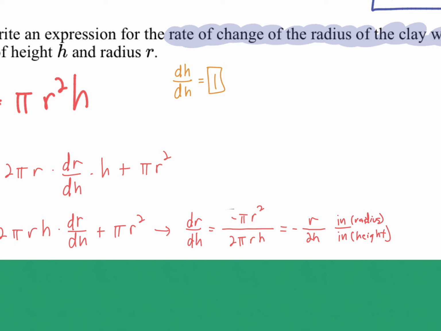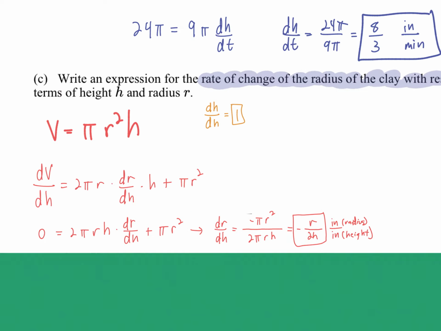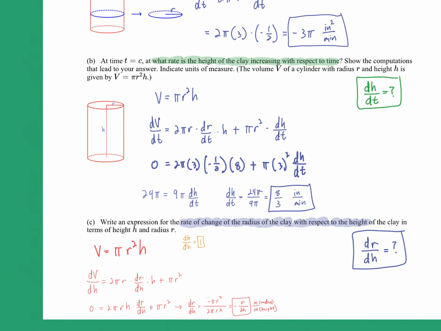So same units, but it's units of different types of things. So a lot of times you don't want them to cancel out because you lose meaning. Okay, so that's all of these.